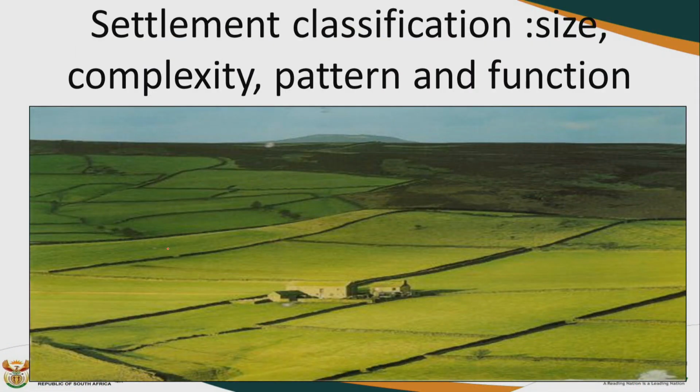Right, the next and the last part of our work is to look at classifying settlements according to size. Just a note of warning, I suppose, but this classification system is based on European examples, and often they are quite difficult to pick up in countries in the New World.